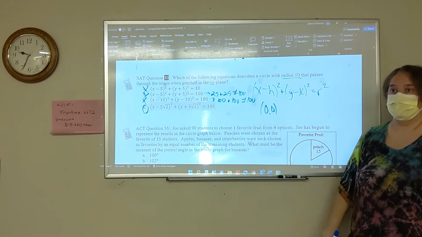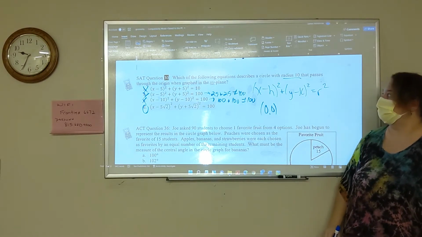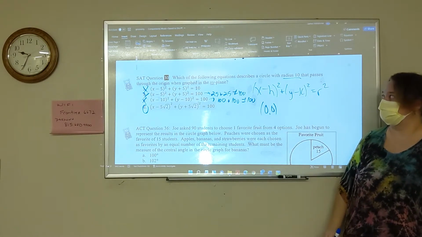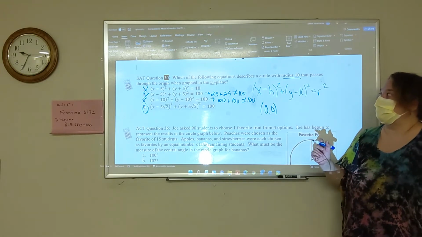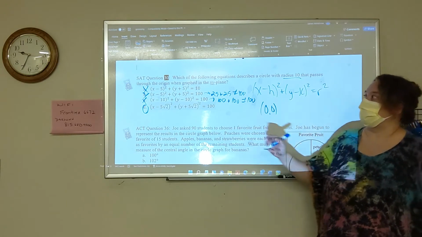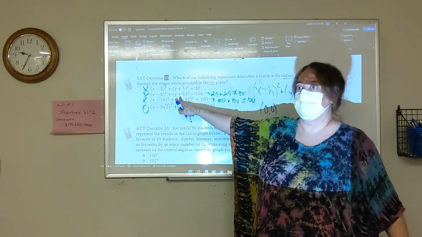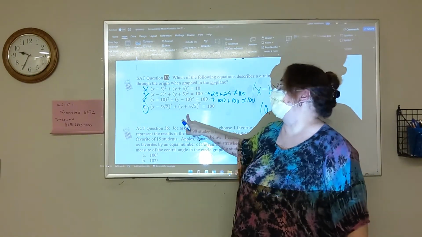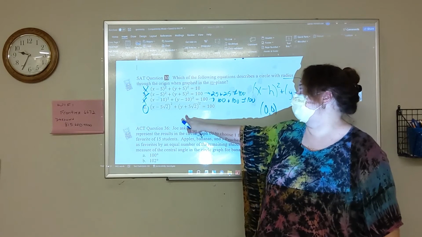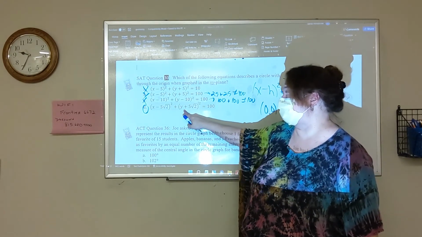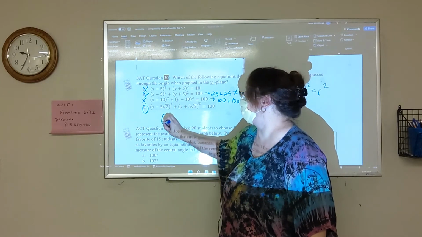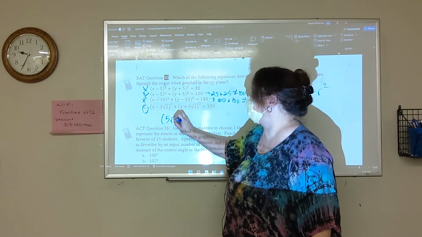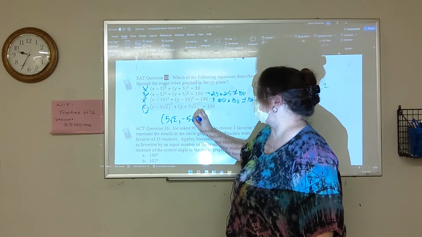Ma'am? How come in the formula it's x minus h and y minus k, but in that one there's a plus? So, in which one is plus? Oh, like right here? Oh, no, in D. Oh, okay. So, all it means is if this is plus positive, then that means the coordinates of this center are actually 5 root 2 and negative 5 root 2.